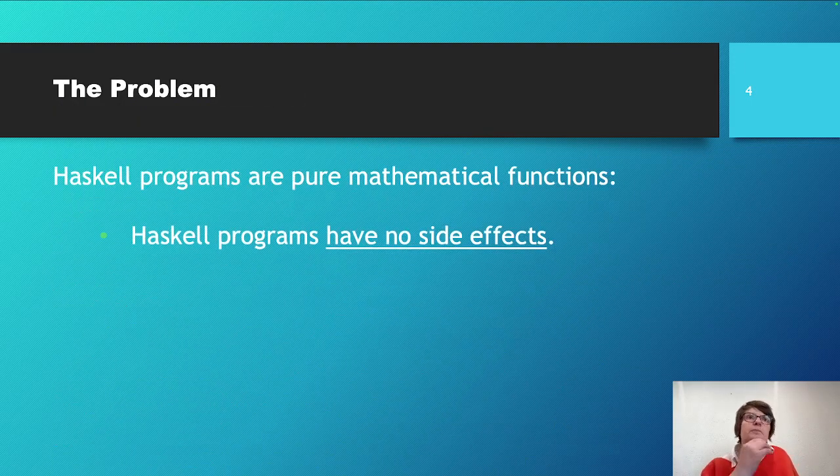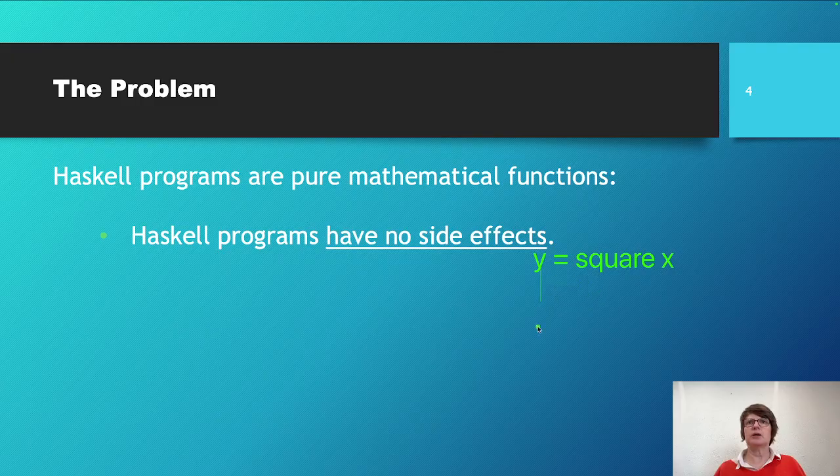So the Haskell programs are pure mathematical functions, which means they don't have any side effects. And what we mean by this is, if we have a function like y is equal to square of x, that does not affect anything.